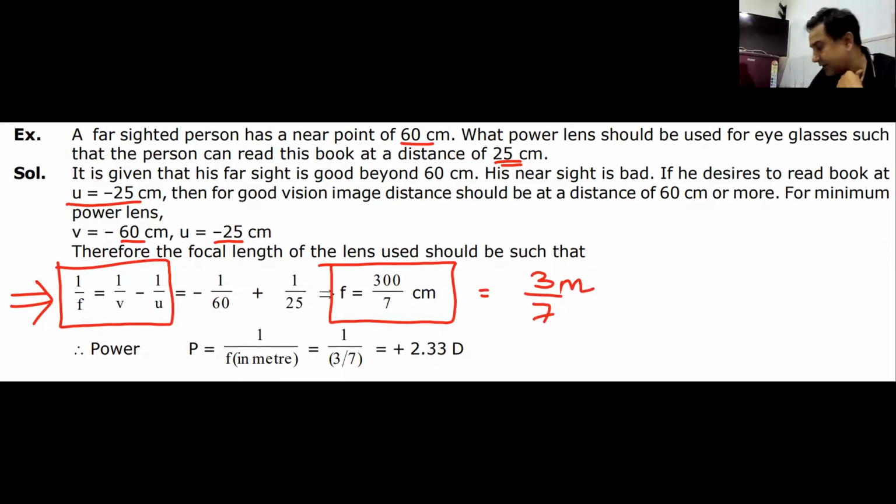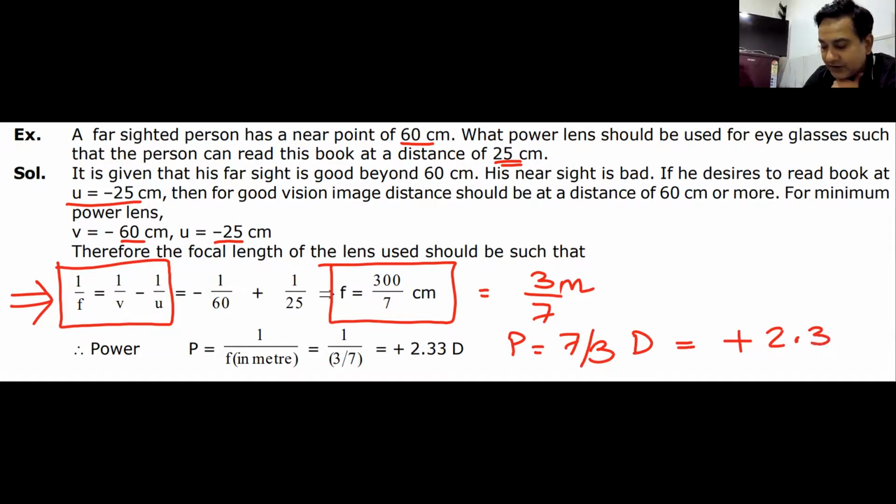Do we understand this? If I do the reverse of this, I will get the power. So power will be 7 by 3 diopters, a very high power of plus 2.33. Now I am getting a bit nervous. I would be using a very high power if I have this condition.